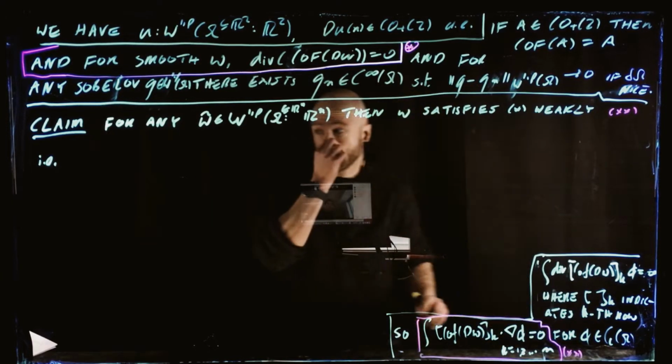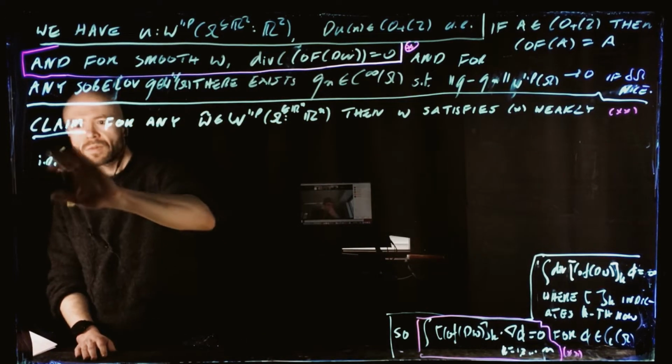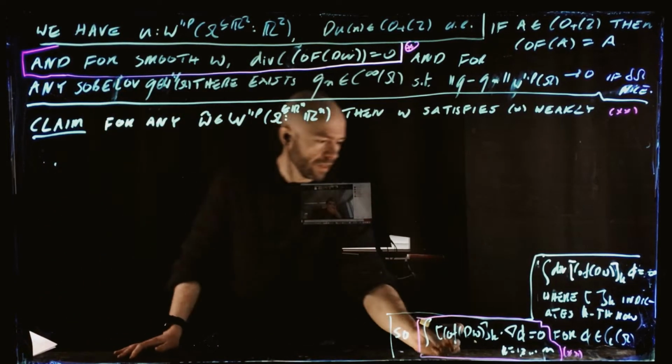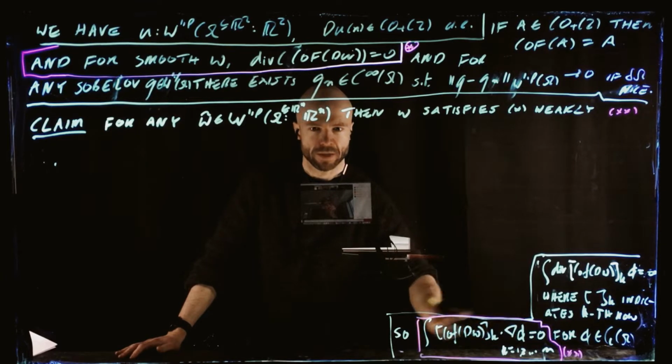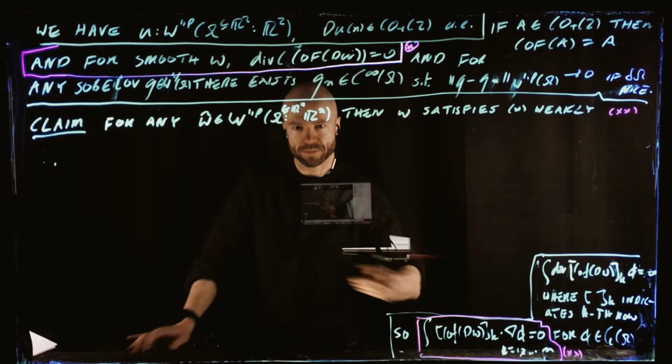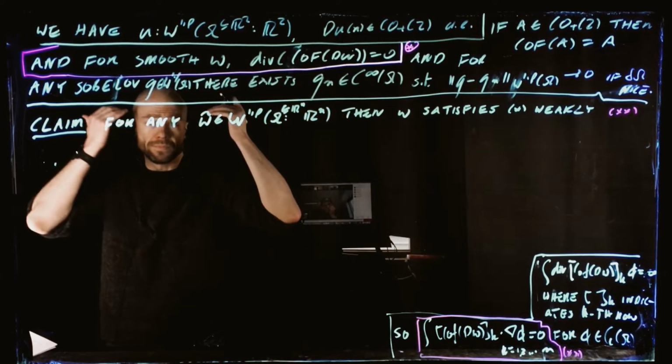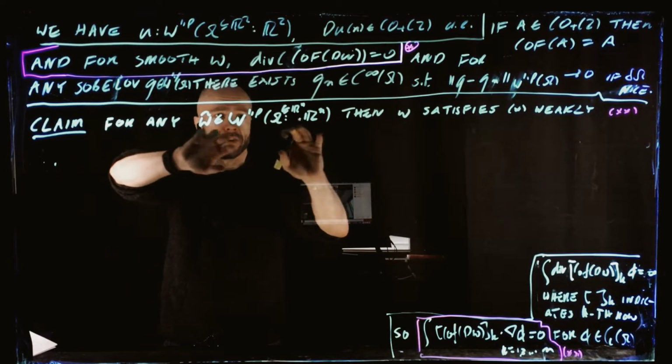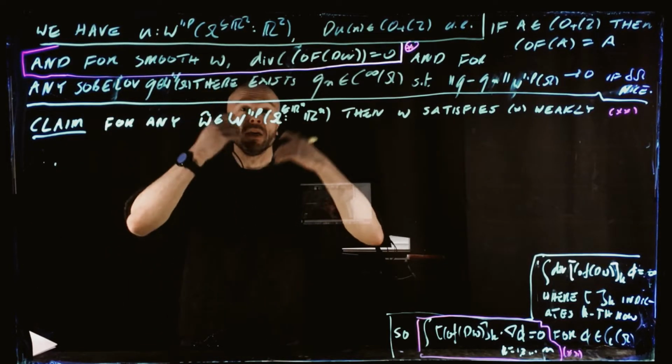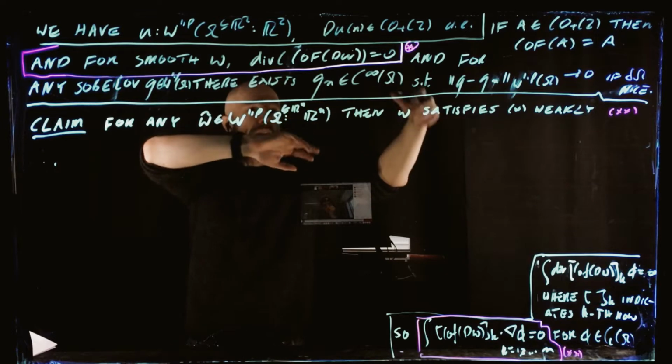So why is that true? From this little calculation, if we have a smooth solution, then obviously it satisfies it in the weak form. So we are going to take our Sobolev function and take the sequence that approximates it.